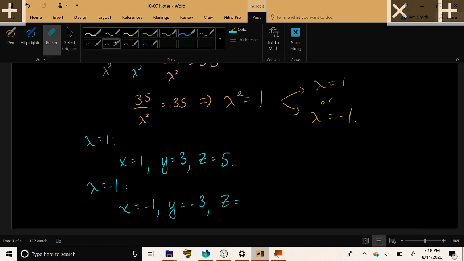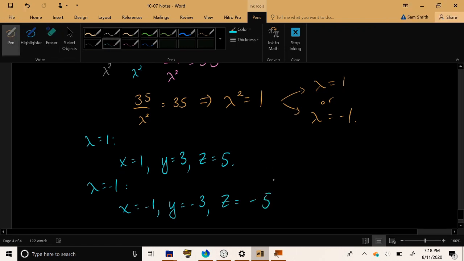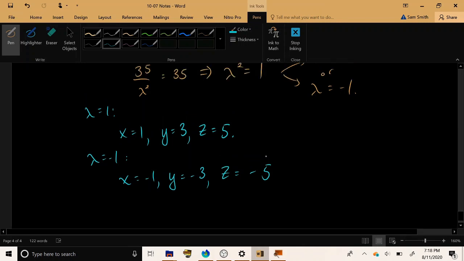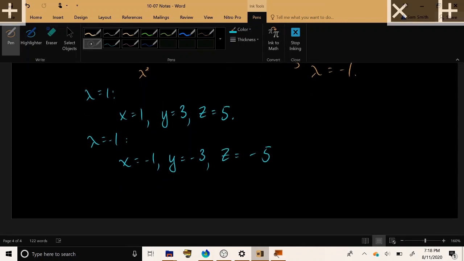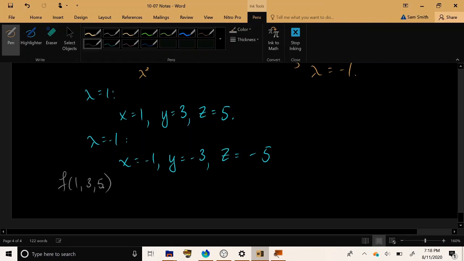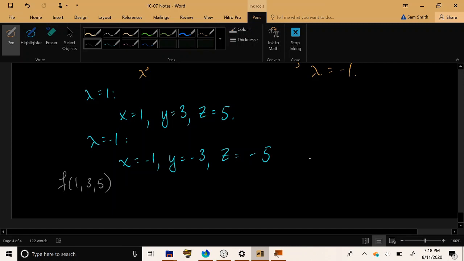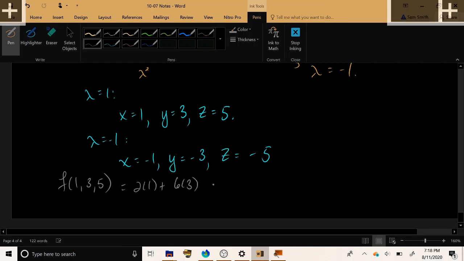Now let's plug these into the function, and let's see if we can deduce which one will give us the absolute maximum and which one will give us the absolute minimum. Oh boy, we're running out of space. Have to be careful. f of 1, 3, 5. Let's go back and remember what the function actually was. This function was 2x, 6y, 10z. So let's go ahead: 2 times 1, 6 times 3, 10 times 5.